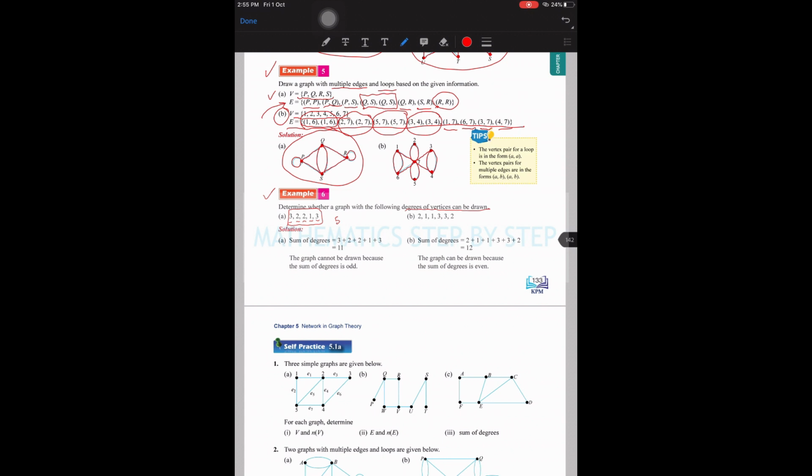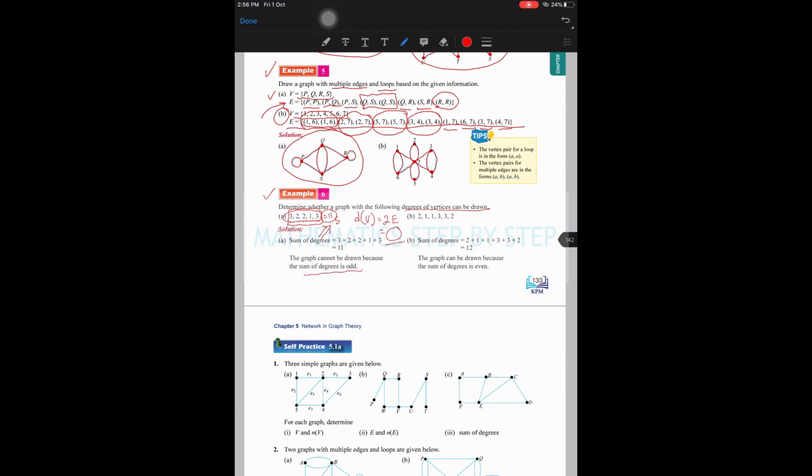Okay, so now let's add up 3 plus 2 plus 2 plus 1 plus 3 equals 11. Okay, but we have learned that the sum of degrees equals 2e. So the answer must be an even number. In this case, it is an odd number. So this graph cannot be drawn.